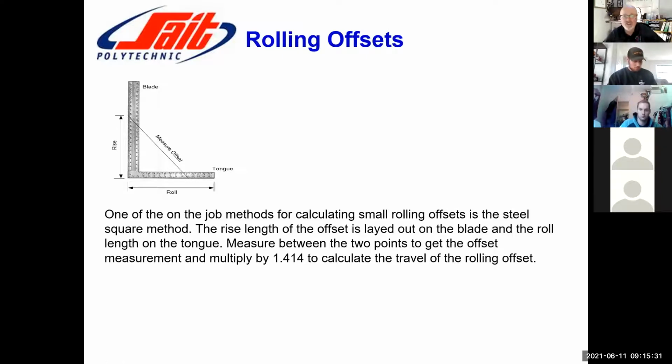If you are in the field doing a rolling offset, one of the on-the-job methods for calculating this is the steel square method. The rise length of the offset is laid out on a blade, and the roll length on the tongue, then measure between the 2 points to get the offset. Once you have the offset, you multiply by 1.414 to get the rolling offset.